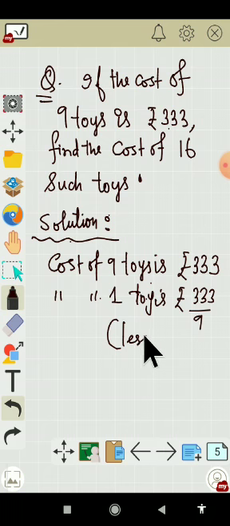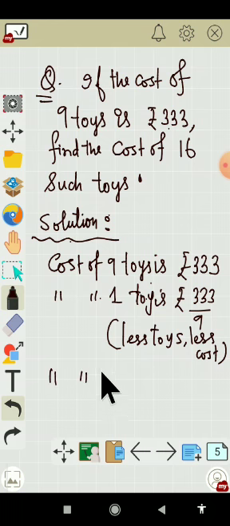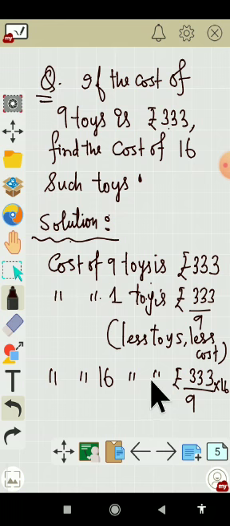Here, fewer toys, less cost. Similarly, the cost of 16 toys is rupees 333 by 9 into 16. So here, more toys, more cost.